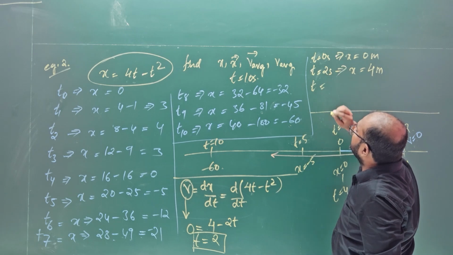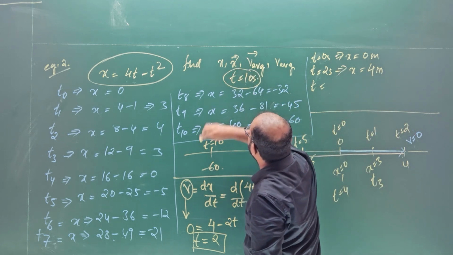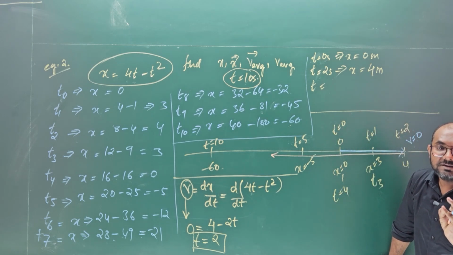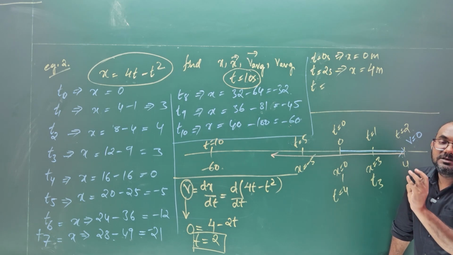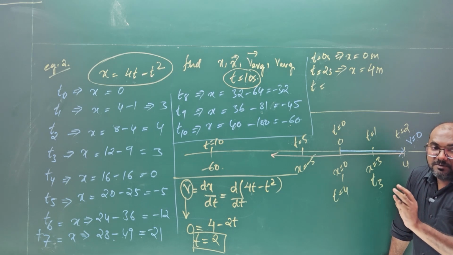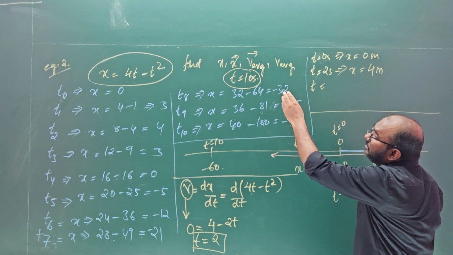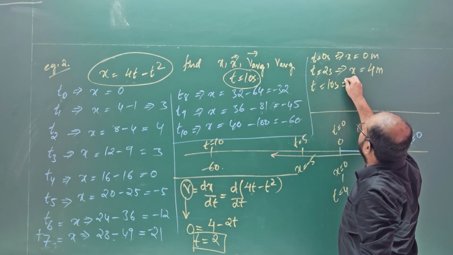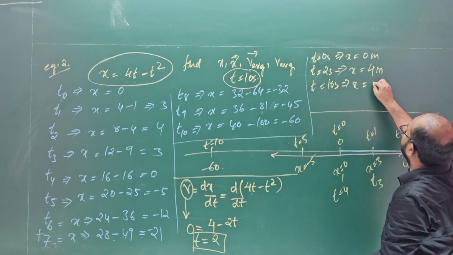So always remember, first calculate where the object is at t equals 0 second. Then find where the velocity becomes 0 by differentiating, that will provide you the time. Then calculate at the time period given in the question, that is 10 seconds. And x becomes how much? Minus 60.